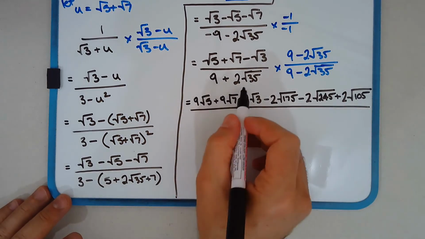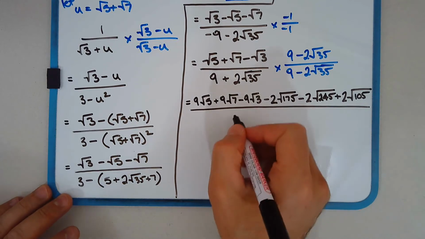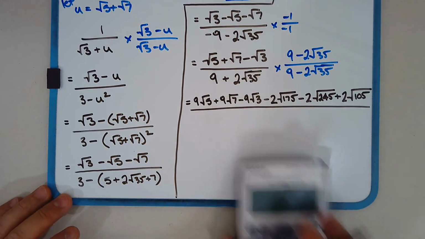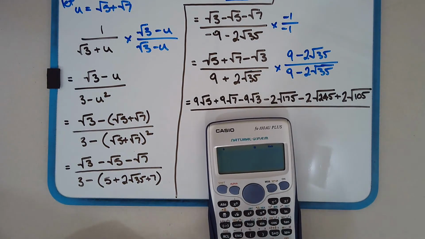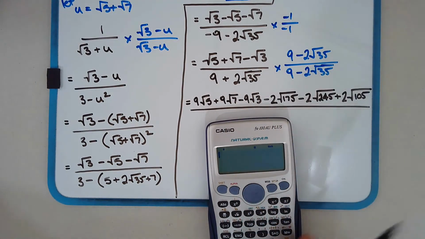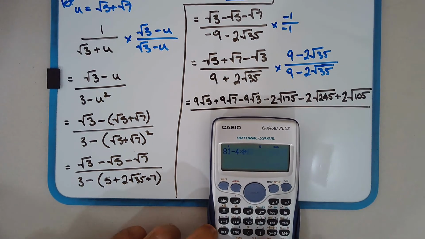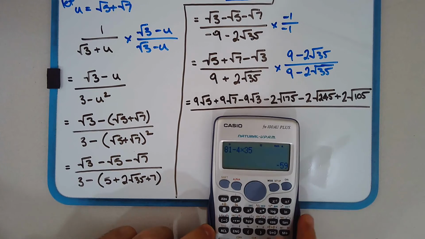Okay, 9 squared minus 2 root 35, all squared in fact. So that's going to be, in fact, just all at once on the calculator. That's 81 minus 4 times 35, so 4 times 35, and we get negative 59.